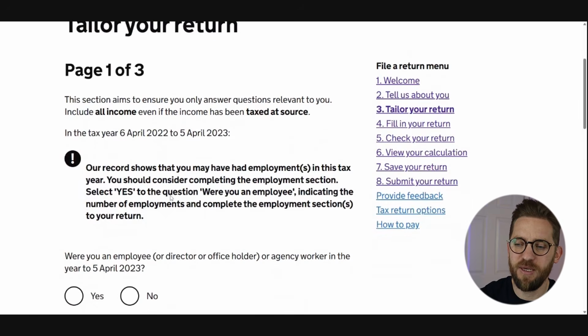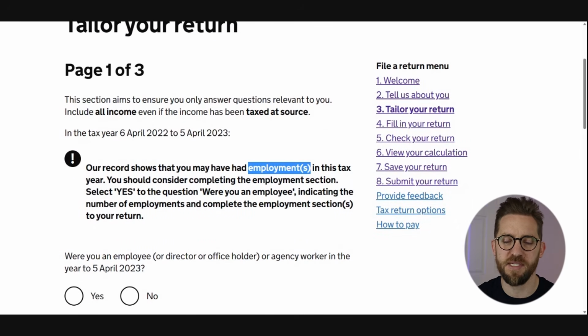Now my government gateway is picking up the fact that I had employment in the tax year, and of course everybody's situation is different. So if you did have employment income or capital gains or whatever it might be, you'll need to declare that alongside your rental income. But for the purposes of today's demonstration, I'm purely going to focus on the rental income element, and I'm going to declare 3 different types of rental income, because hopefully that will cover a broad spectrum and everyone will be able to relate to that.